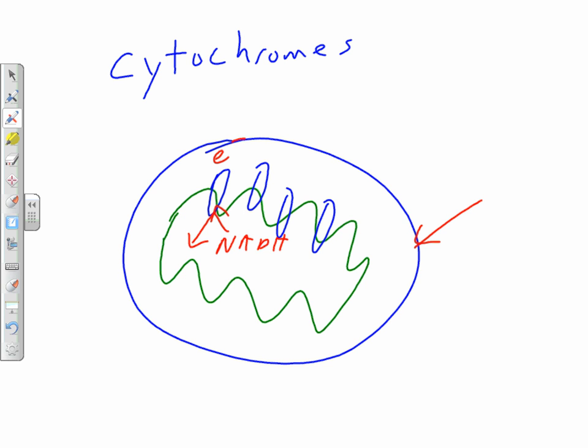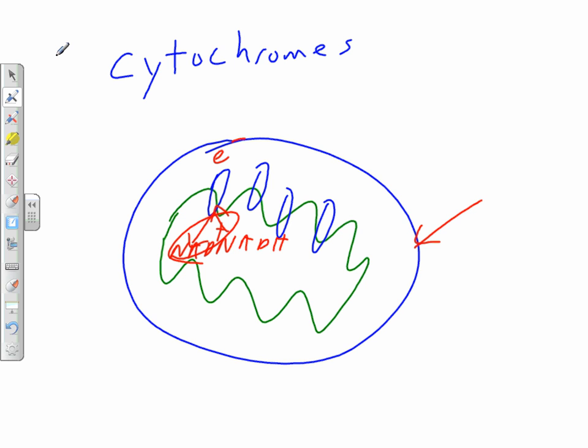Hydrogen and? What did it start out as? What did the NADH start out as? NAD plus, right? So it's back to that. So this is ready to be reused again, this NAD plus is. But the main thing is now the electrons up here on the cytochromes.